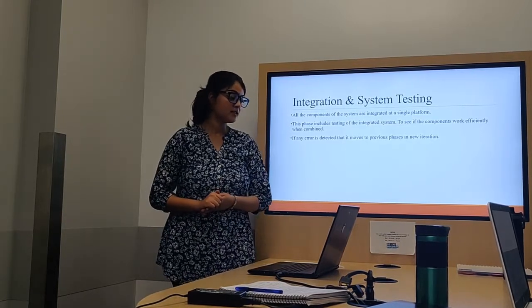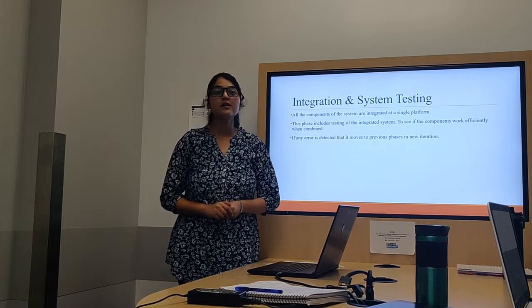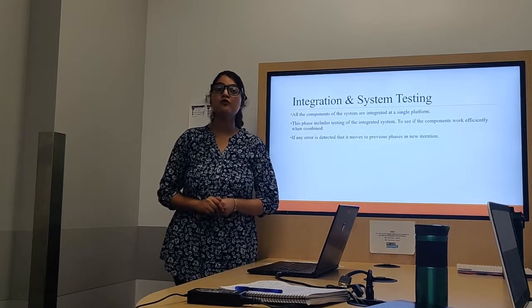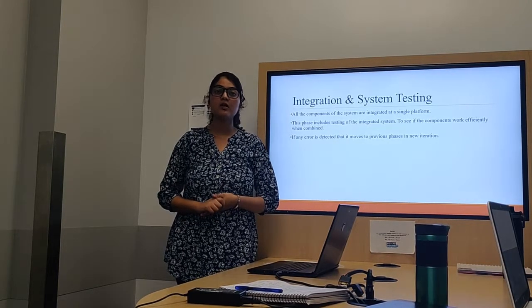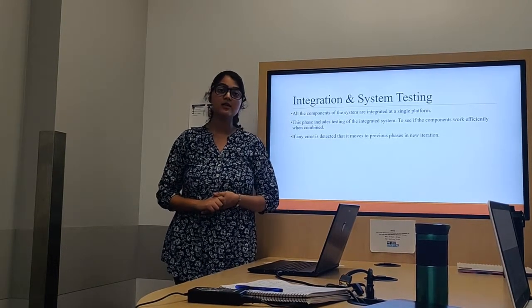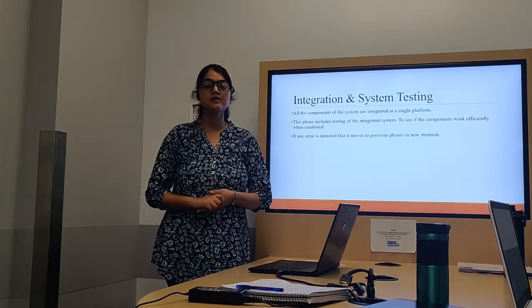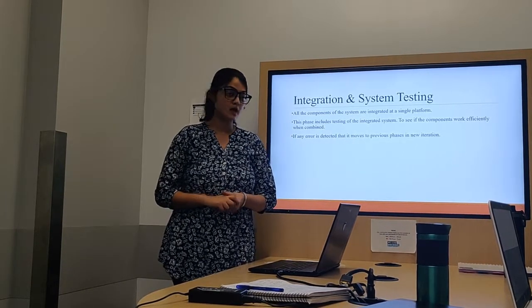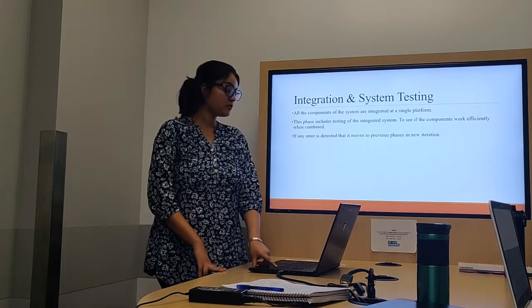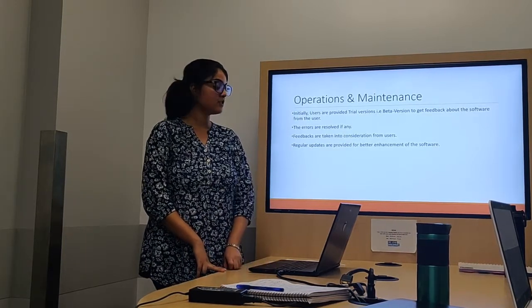In integration testing, different units are combined together to find errors and to find out if the performance is accurate or not. Then there is system testing, in which the whole system is tested at a single time to check its performance. So these were the three types of testing.